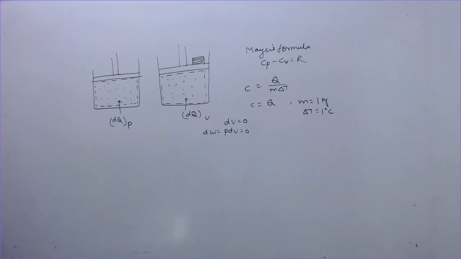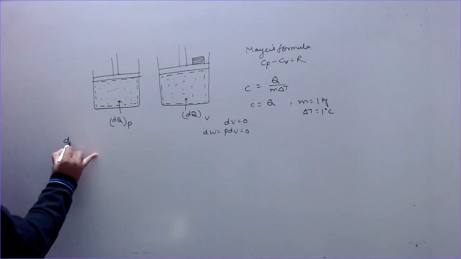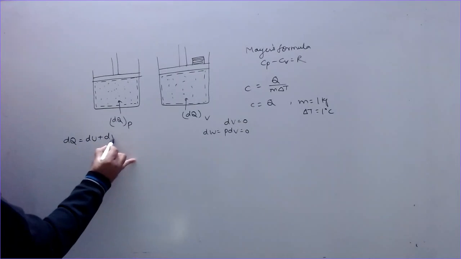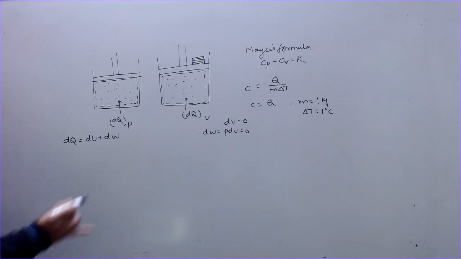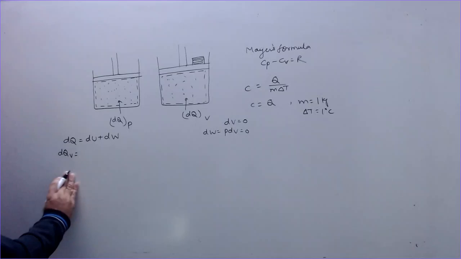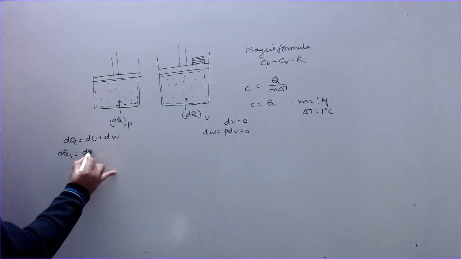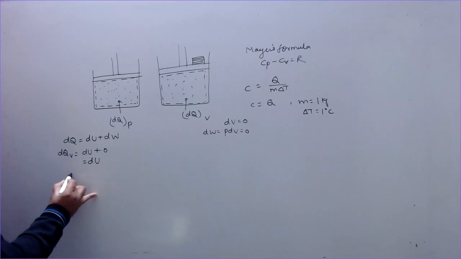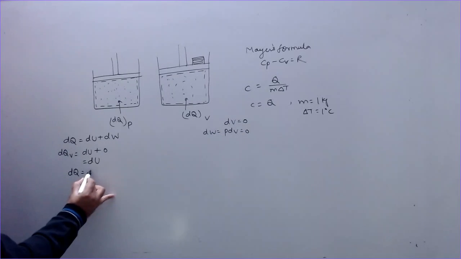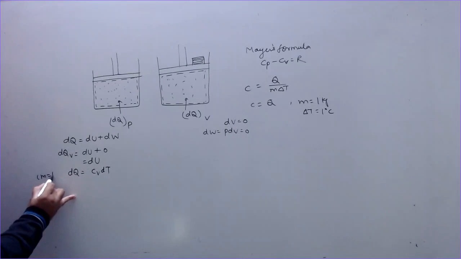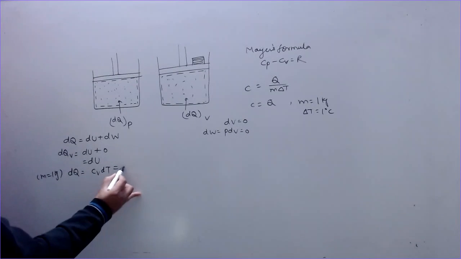Now you know that according to the first law of thermodynamics, dQ is dU plus dW. For a constant volume process, dQv, the heat supplied, is equal to dU plus dW, where dW is 0, so it equals dU. And we know that dQv is equal to Cv dT for mass equal to 1 kilogram, which equals dU.